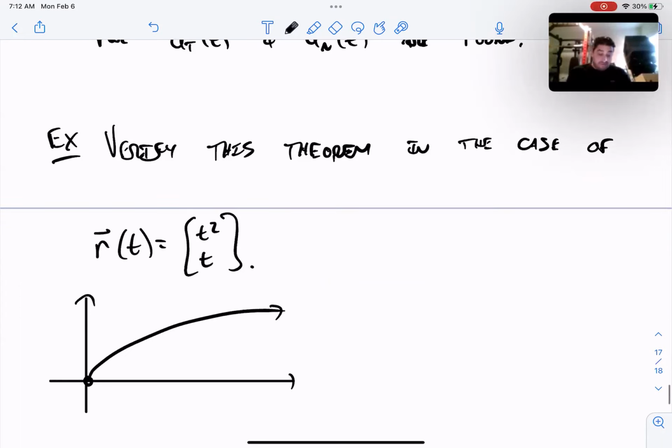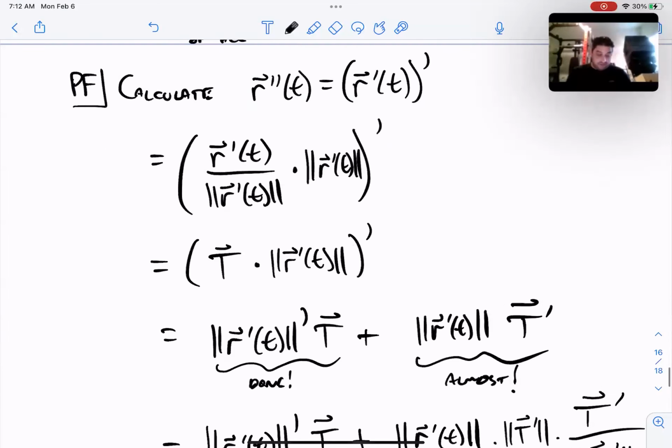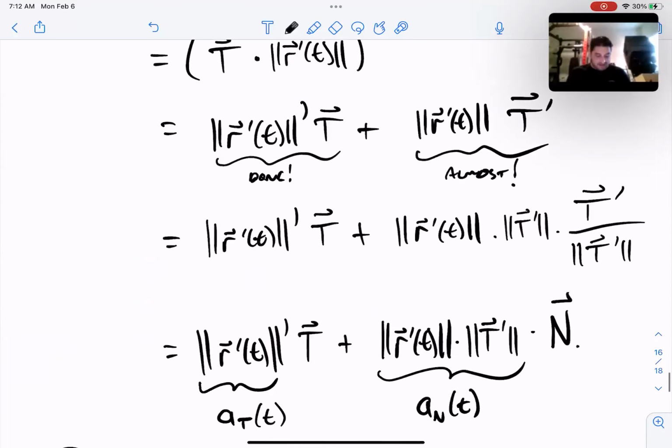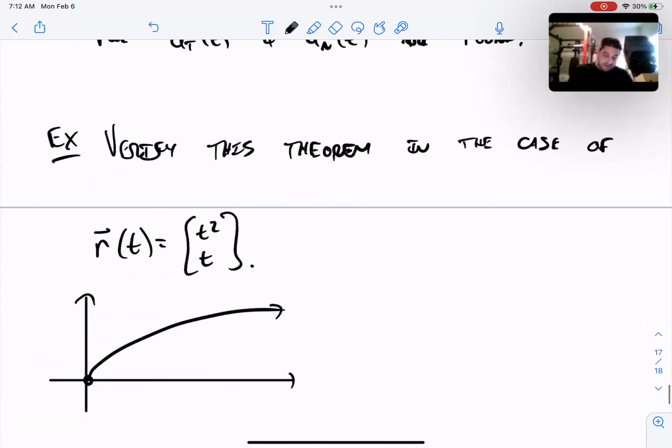What do I mean by verify? I mean, let's compute the left-hand side and the right-hand side, and hopefully they match. Let's compute them independently. The acceleration is the easy part to calculate.